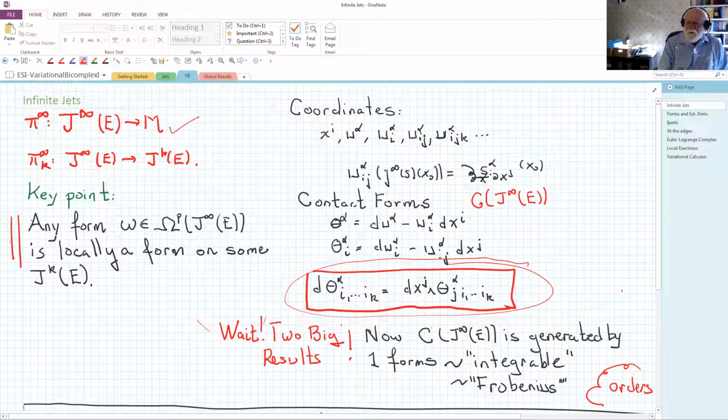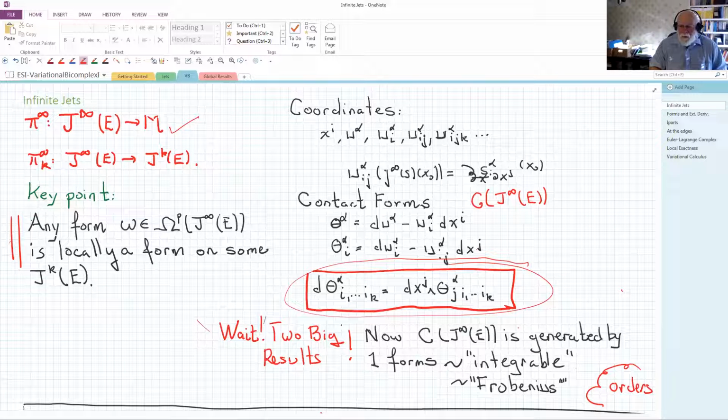Namely, now the contact ideal is algebraically generated by the one forms. So anytime you have a Pfaffian system which is algebraically generated by the one forms, that's the Frobenius theorem, the set of one forms is integrable. So one of the big things we pick up now is that the contact ideal on the infinite jet space, we really shouldn't say integrable, but we can say it's sort of formally integrable.